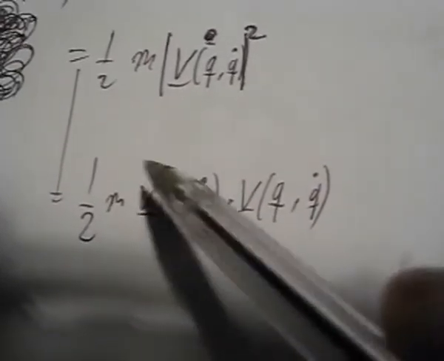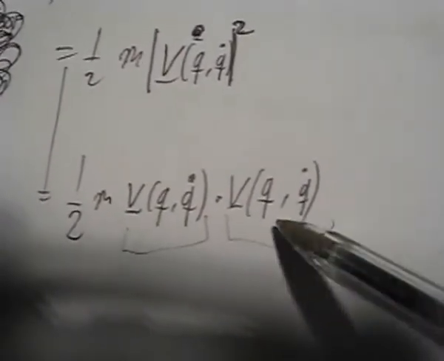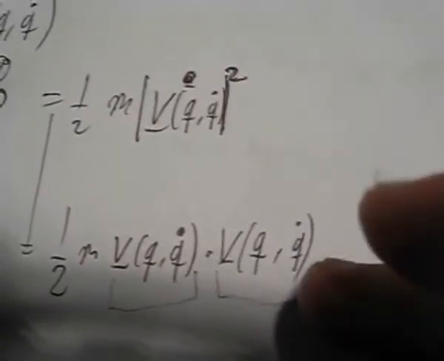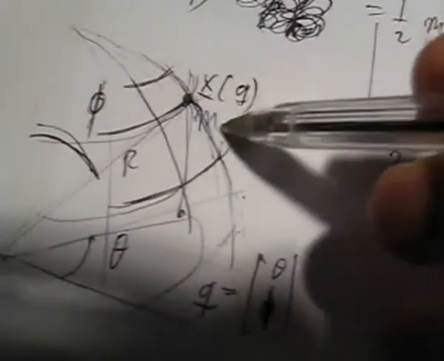Let us write it, for example, this way: in this vector, velocity times velocity is velocity squared. Of course, we are not going to waste much time, but the idea comes from writing a point constrained to a spherical surface at a fixed distance in spherical coordinates.